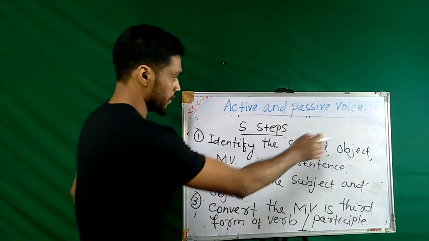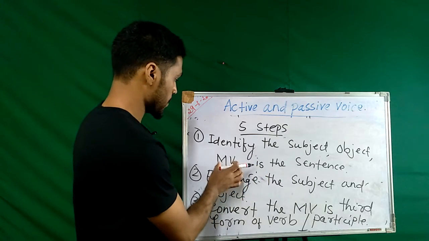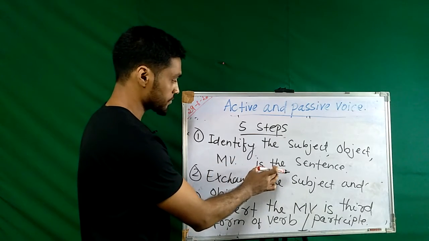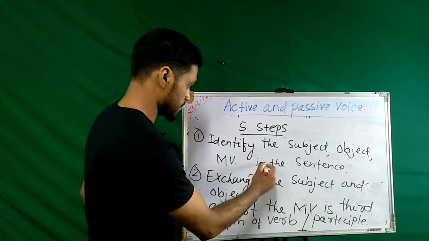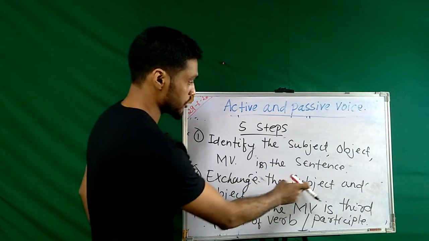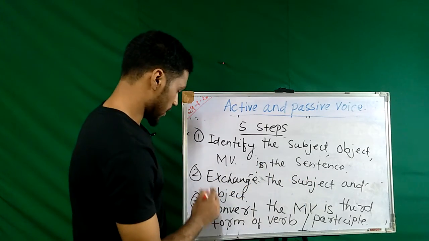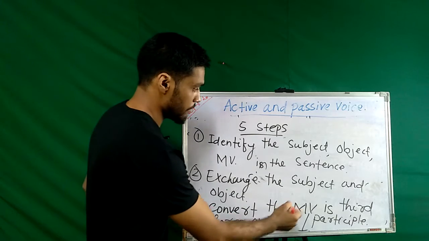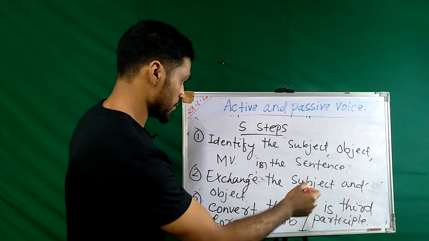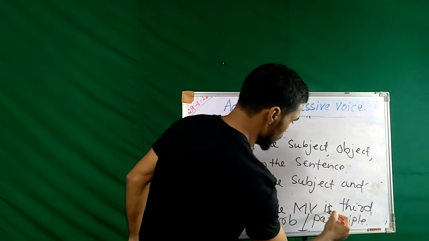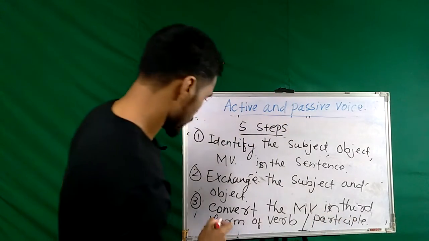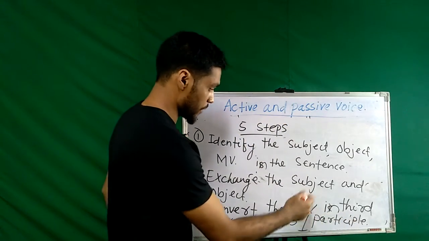So first, identify the subject, object and main verb in the sentence, and second, exchange the subject and object. Then convert the main verb in third form of verb or participle.